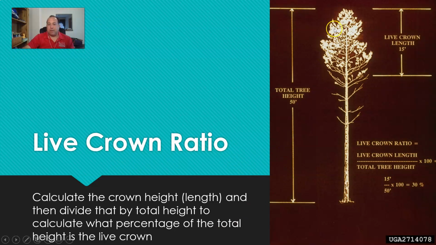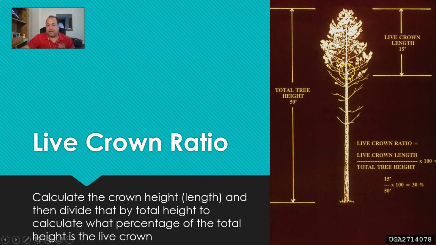So we want to make sure that we know how to calculate our crown length, which would be the same way that we would calculate our tree height, except for tree height we look to the bottom of the tree and to the top of the tree. Well, to get our crown height, we look at the bottom of the crown and the top of the crown. Now, because we want to get the live part of the crown, that's where we get a little bit of artistry again.